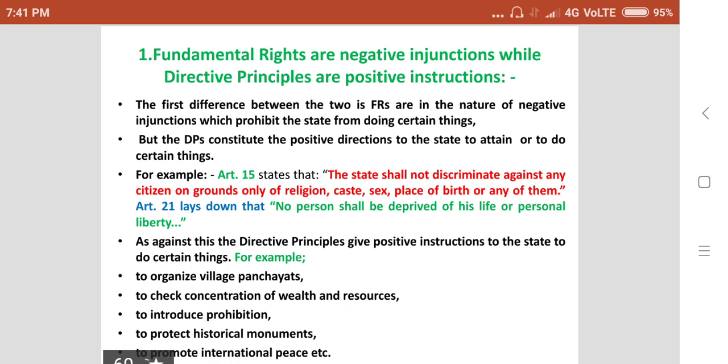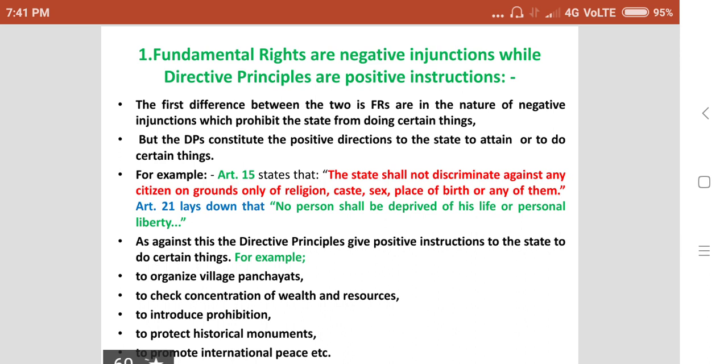First difference. Fundamental rights are negative injunctions, while directive principles are positive instructions. So, see how fundamental rights are negative, directive principles are positive.